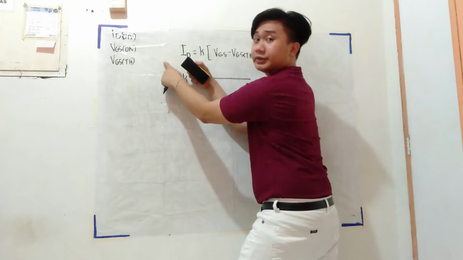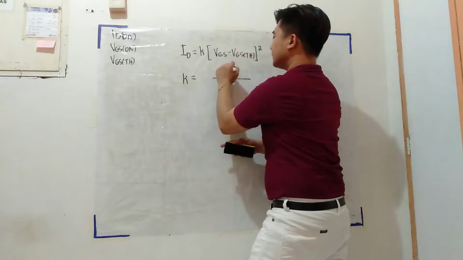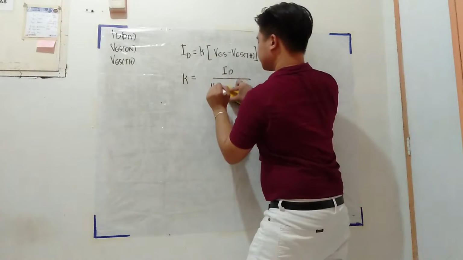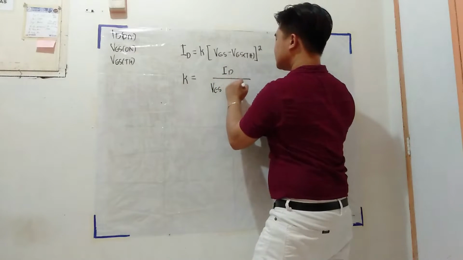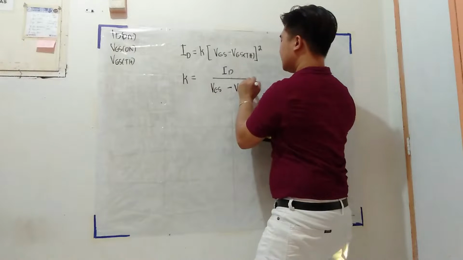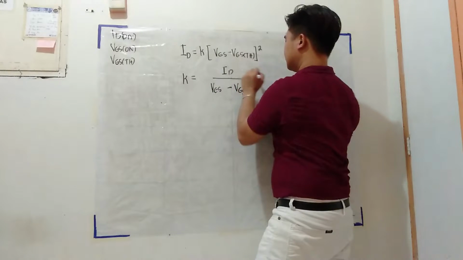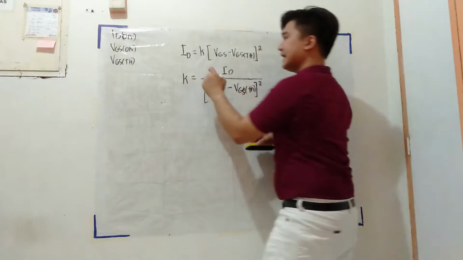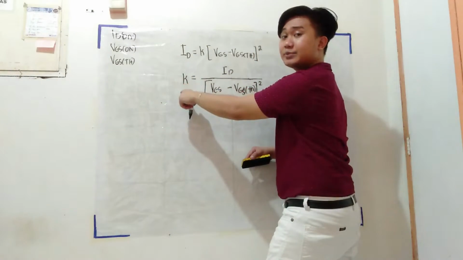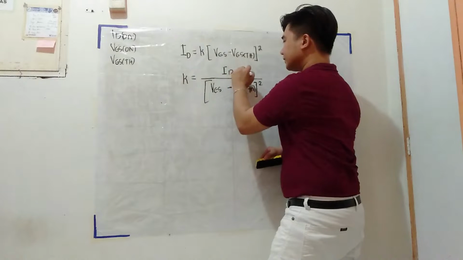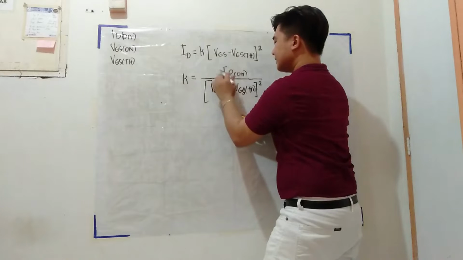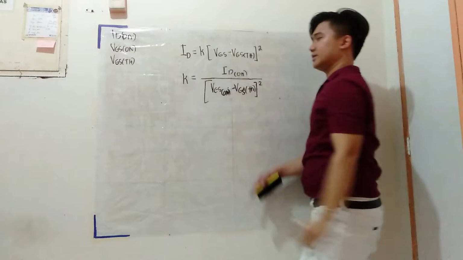Ito, ibababa ko lang doon. So, ID over (VGS minus VGS TH) squared. Kaya lang po, to get K, ang kailangan mong gamitin ay ID on. So, kung ID on, ang VGS mo ay VGS on din po.